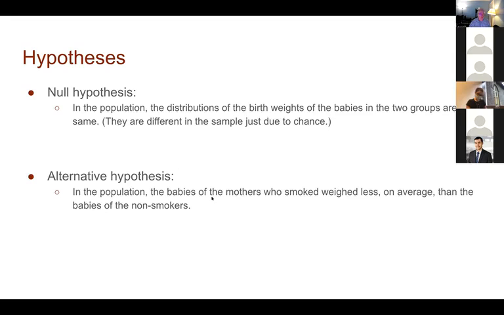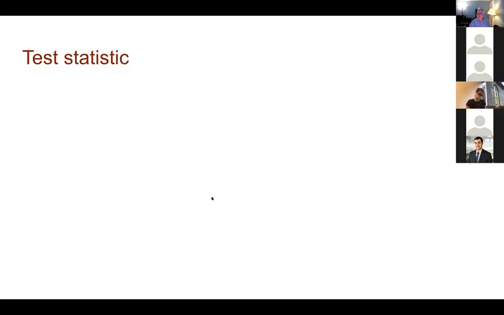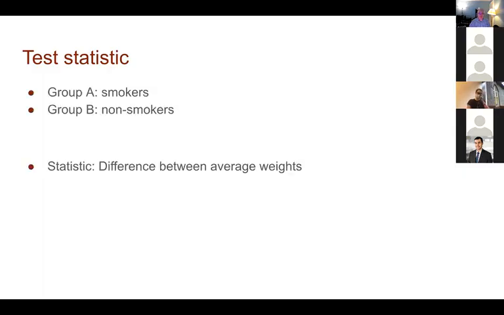Now we want to come up with a test statistic, okay? In this case, we have our two groups, smokers and non-smokers. What we want to look at, the statistic that goes with our alternative hypothesis, is the difference between the average weights of the two groups. We'll take their average weights and compute the difference to see if there's any difference between those two groups.